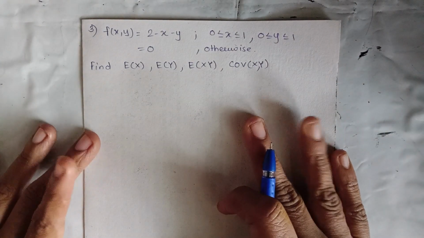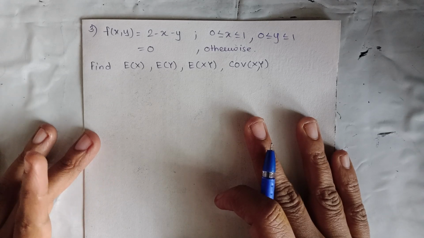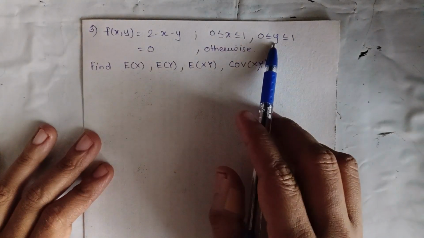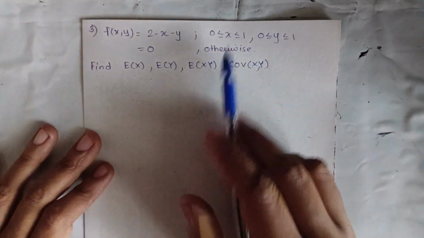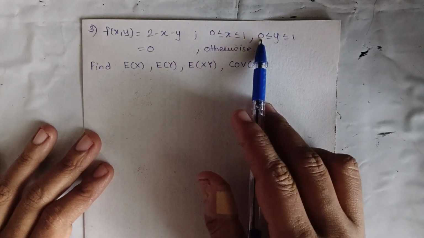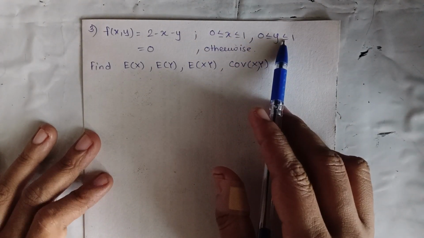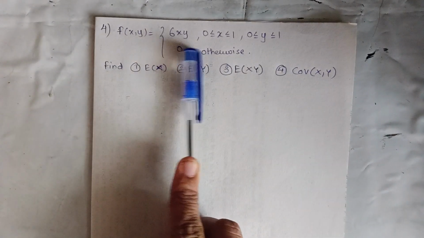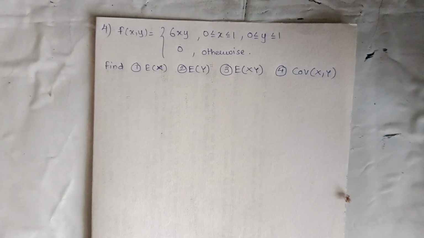Okay. Let's solve this. Now here our random variable is continuous. Okay. So here intervals are given. So we have to take the integral from 0 to 1, for y also from 0 to 1. Okay, so this is the function which is given, 6xy, and the intervals are given. Okay?